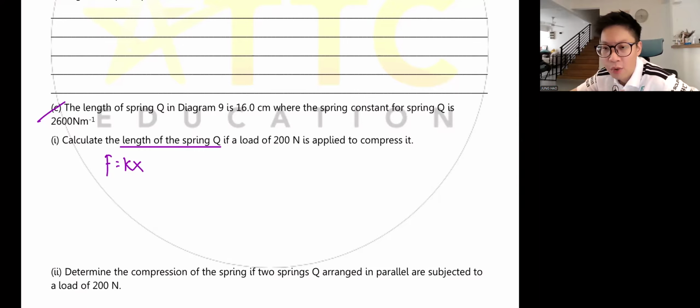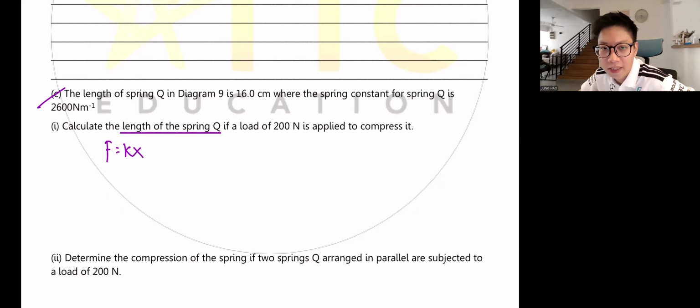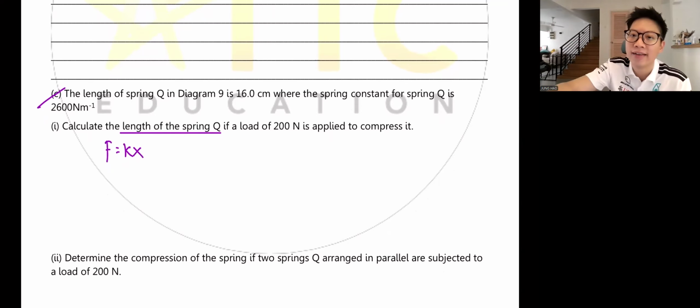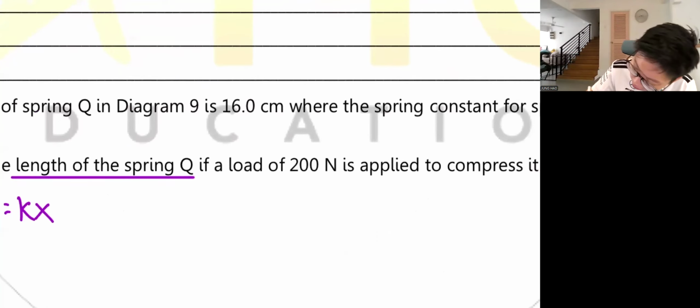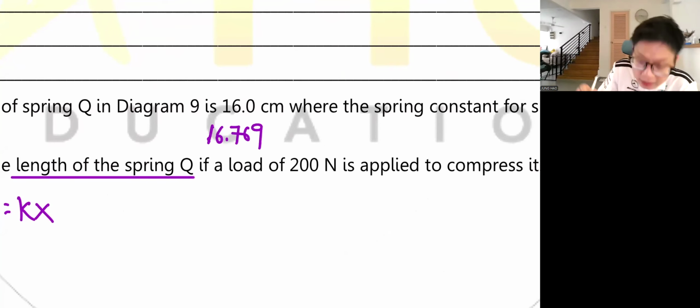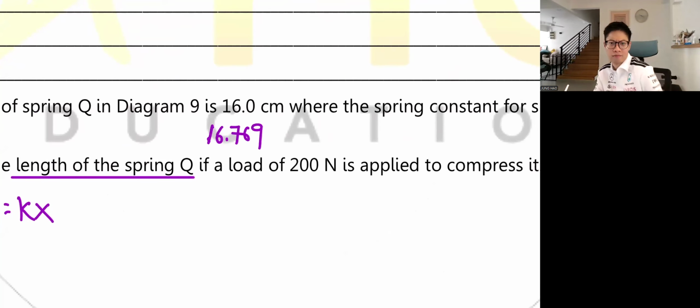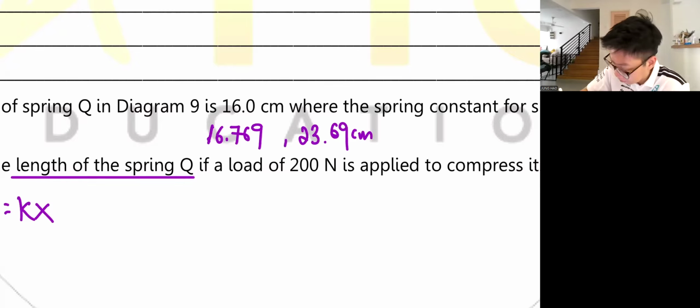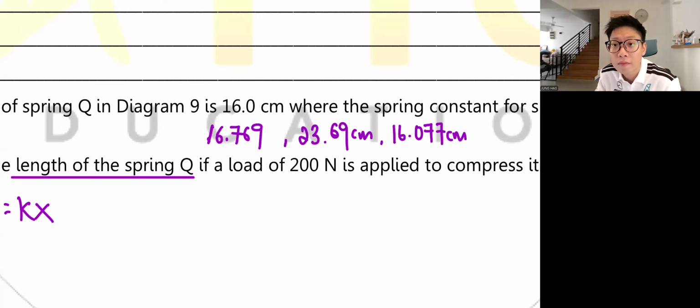Okay, so hello everybody. What's up, guys? Anybody got an answer already? You want to find the spring, F equals kx, already given. Okay, we got the first answer, 16.077, 16.769. Then 23.69 cm, 16.077 cm.